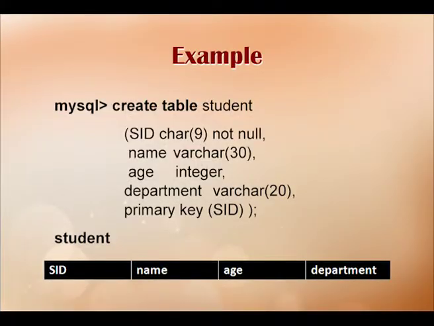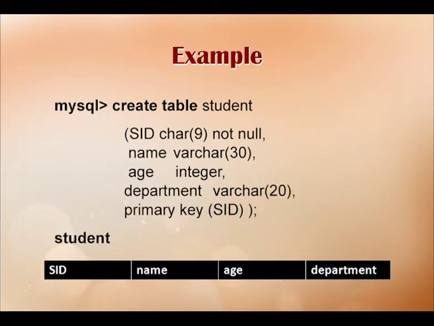Here I have taken student as the table name. So, the command that I have to give is create table student, and the first column name is SID, student ID, and the data type I am giving is char of size 9 and not null, it should not allow null. Then name, with the corresponding data type varchar of size 30, variable.